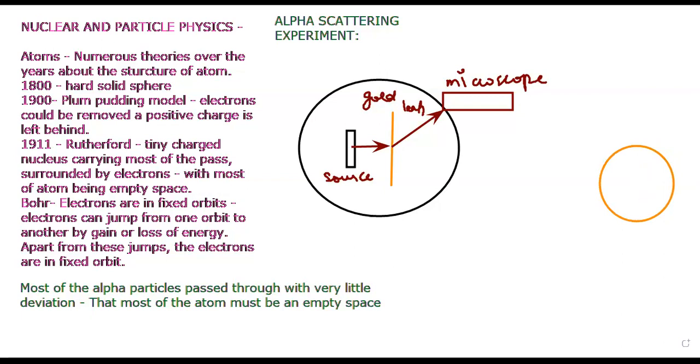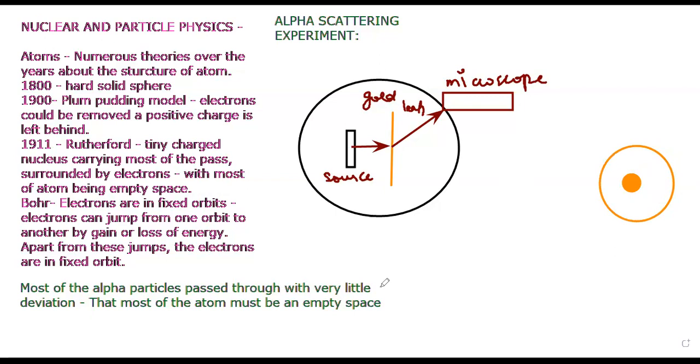Now, they noticed something quite interesting. The first scenario I already told you was that the alpha particle passed through with very little deflection.